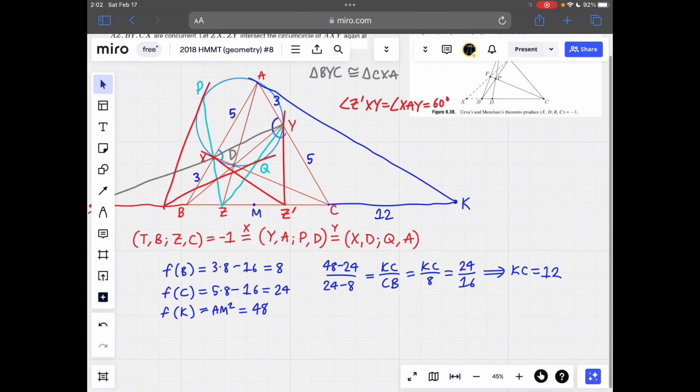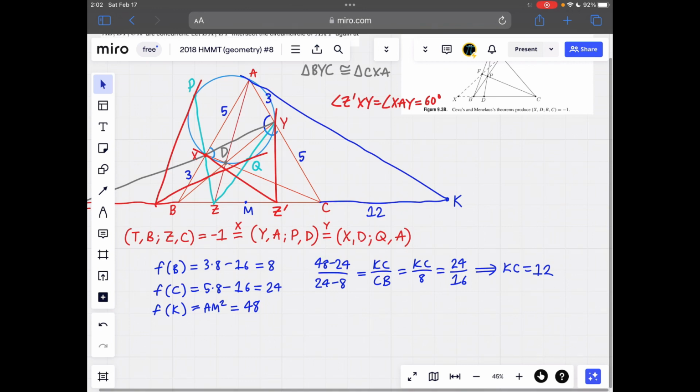And now KX times KQ is none other than the power of point K with respect to the circumcircle of AXY. That's just KA squared. And we can find that by using the law of cosines on triangle KCA. We have that KA squared is equal to KC squared plus CA squared.